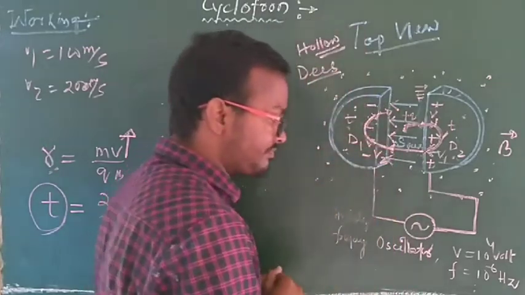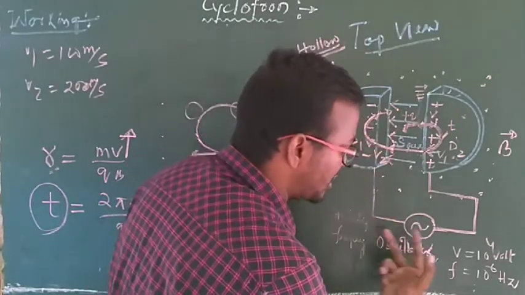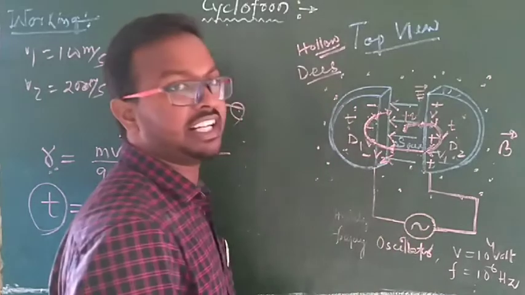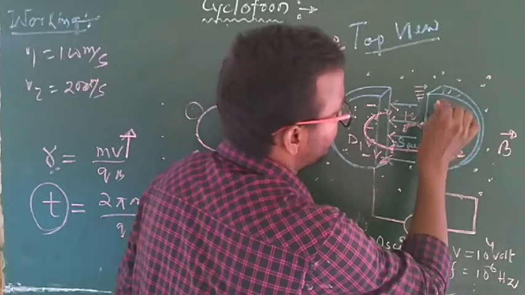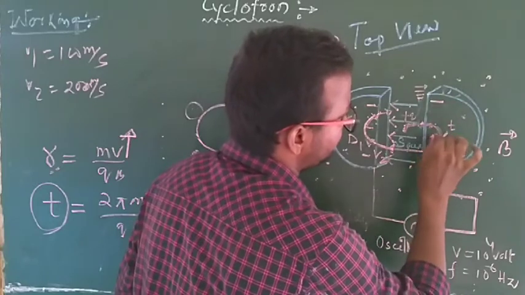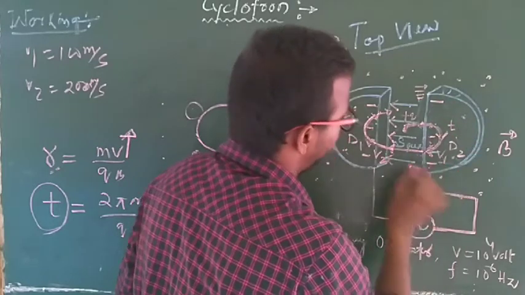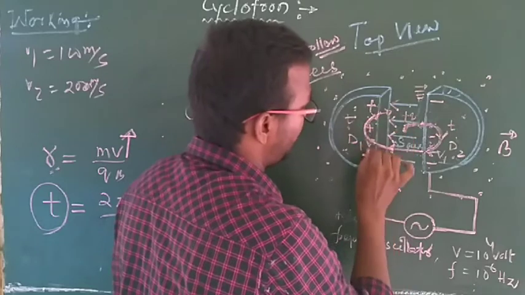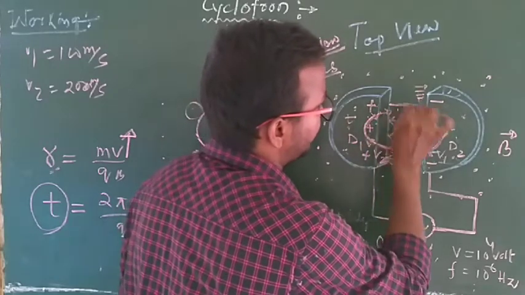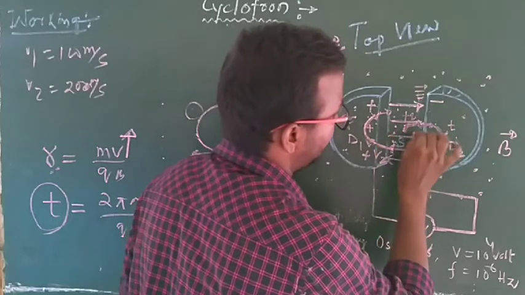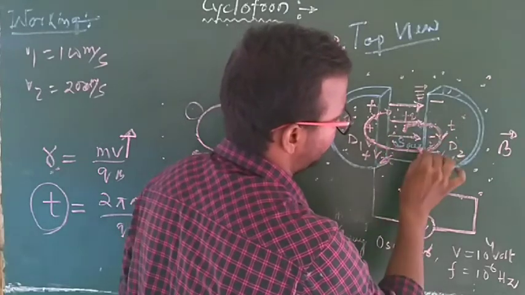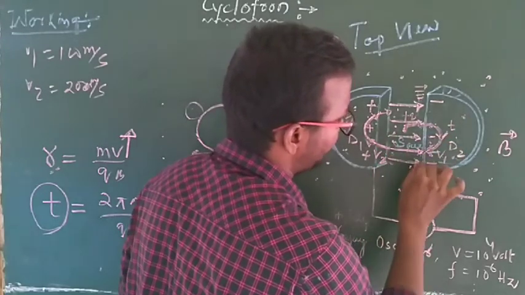Now again the charged particle which comes out from this D1 is exposed to the electric field, and at that time the high frequency oscillator also changes its polarity. Now this D1 is connected with negative and this D2 is connected with positive. This is the direction of the electric field. Clear?